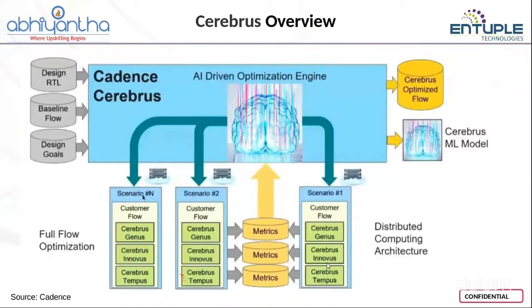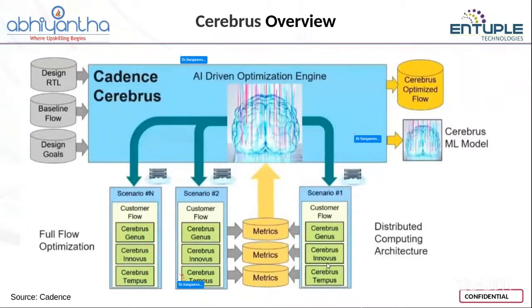Here you can see various scenarios, starting from scenario 1 to scenario n. We are using a distributed architecture for the number of steps we are doing: Cerebrus Genus, Cerebrus Innovus and Cerebrus Tempus. So what are the basic tools we have?